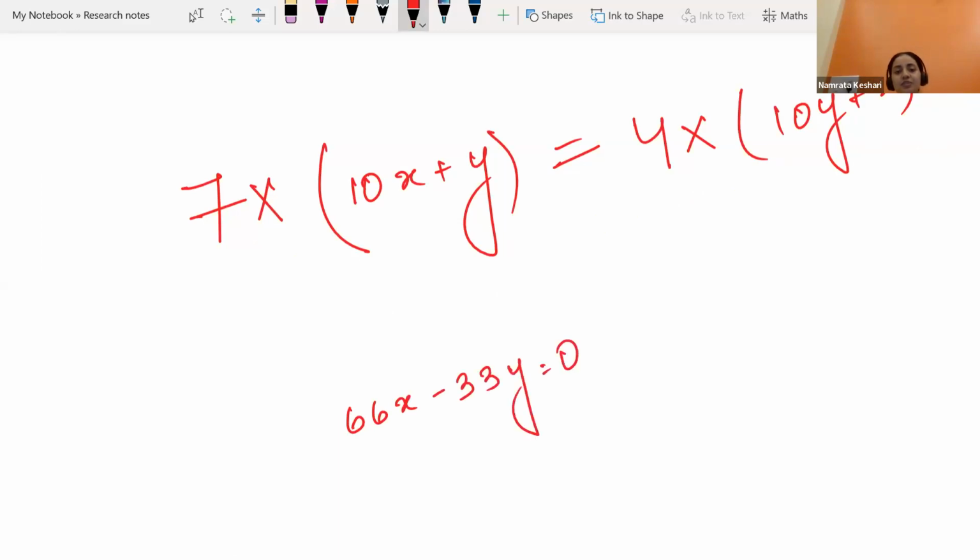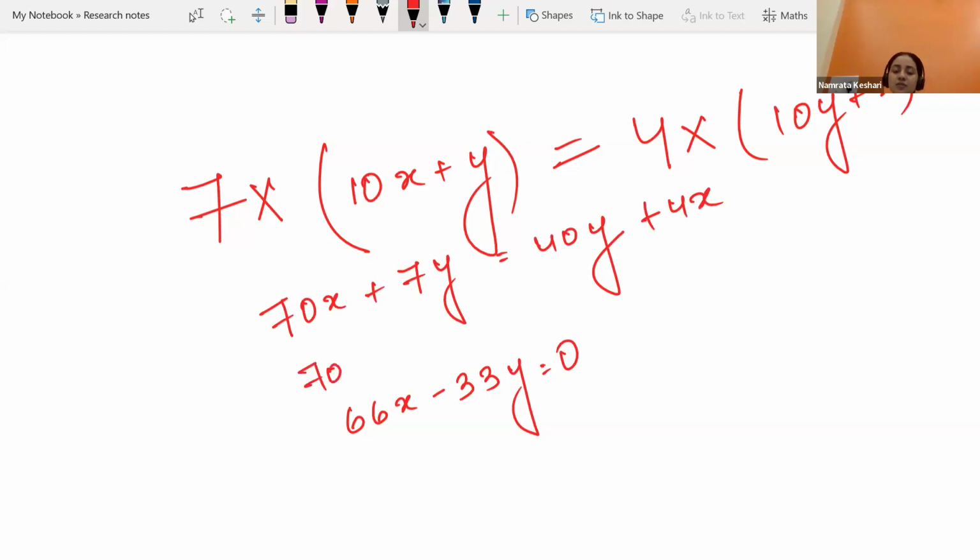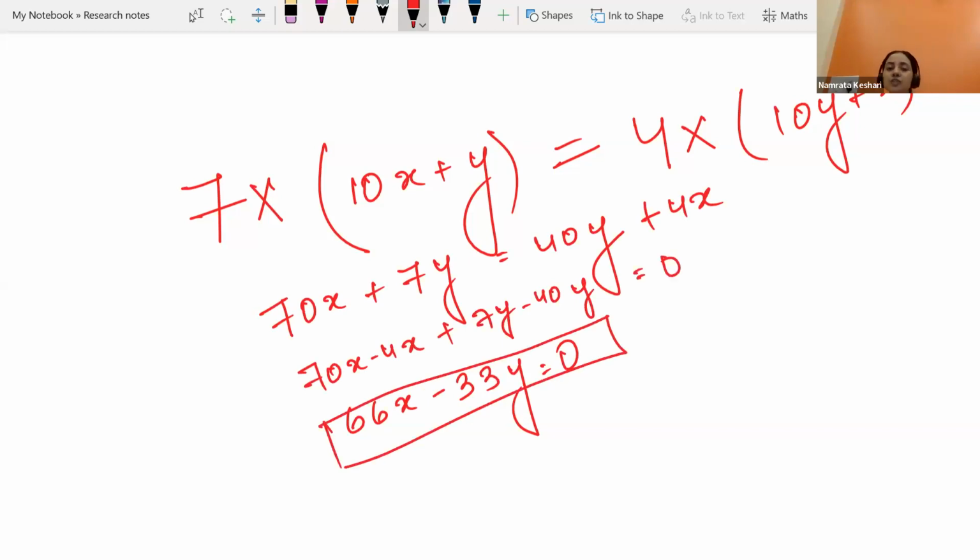Let's check. 70x plus 7y is equals to 40y plus 4x. 70x minus 4x plus 7y minus 40y.